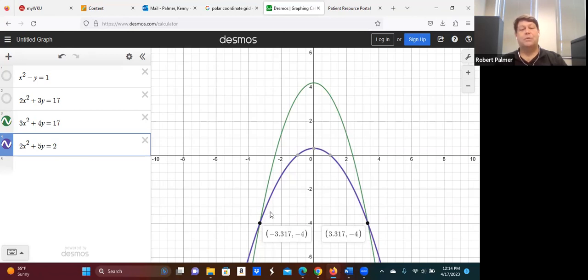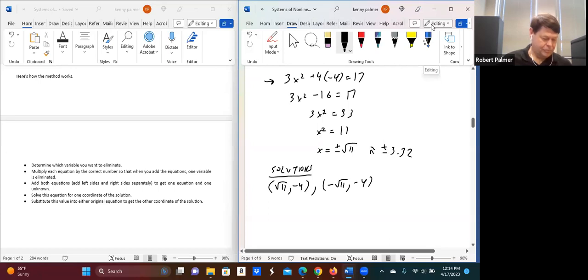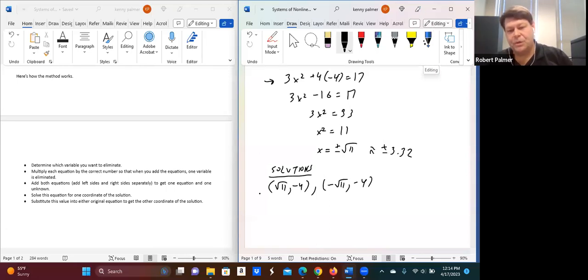Exactly. So those are our two solutions. Okay, so that's the elimination method. And once again, it works essentially just like the elimination or addition method does when solving systems of two linear equations. All right, let's look at one more example. Let's actually solve one strictly by graphing.